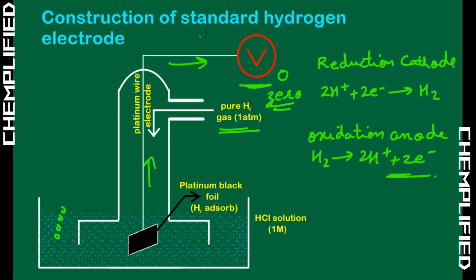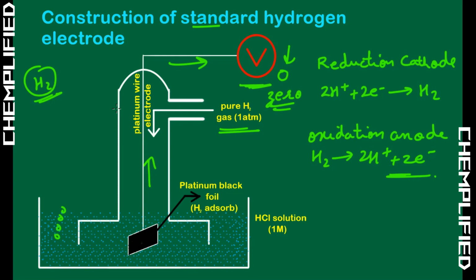So the value of standard hydrogen electrode potential is 0, which means no electron is moving towards the voltmeter. We have made this system to have an electrode potential equal to 0, which means the actual electrode potential for hydrogen may not be 0, but at equilibrium it is definitely 0, right?